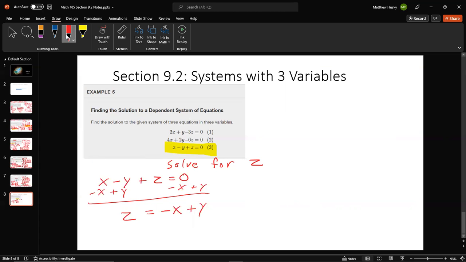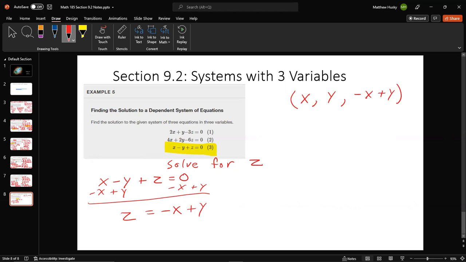And then the way that you would write the equation, it's dependent. So it depends on a known value for both x and y. And the way you could write your equation is you could say x, y, and then -x plus y.